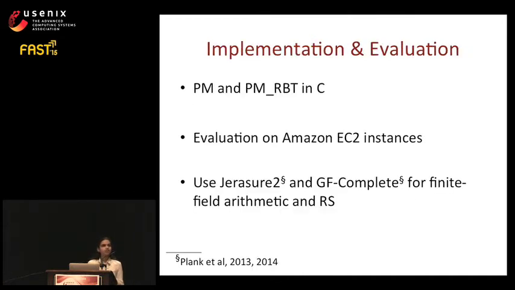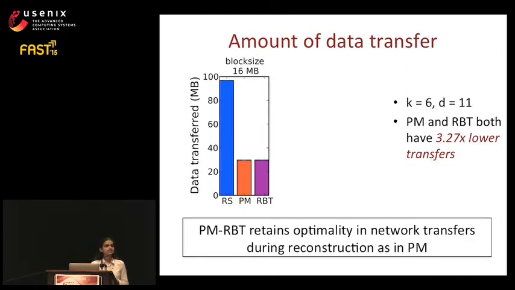We implemented both the original and the transformed codes in C and evaluated them on Amazon EC2 instances. We are using the Erasure 2 and GF-Complete libraries for the finite field arithmetic and RS. Let us first consider the amount of data transfer during reconstruction. The plot here is for the parameters k, the number of data blocks, being 6, the number of helpers d being 11, and block sizes of 16 megabytes.